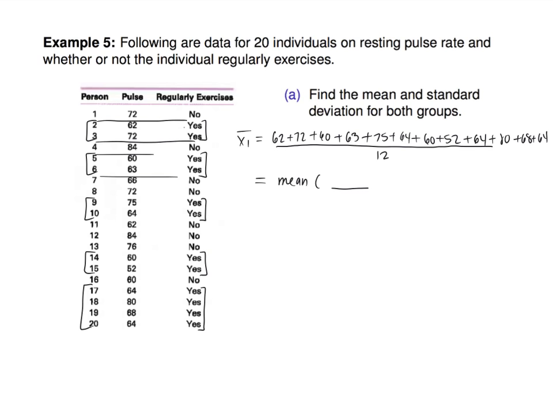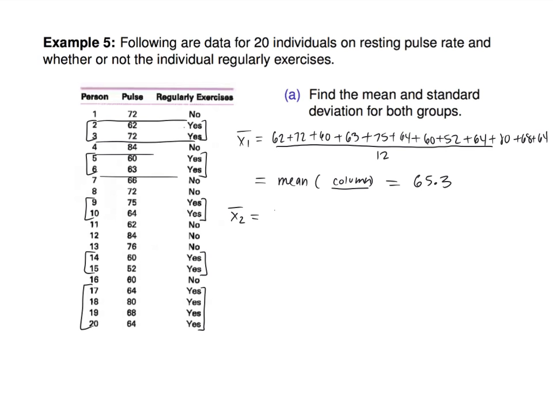Mean of a column, like in Excel. This should come out to be 65.3. And your x2 bar is all the other ones, right?